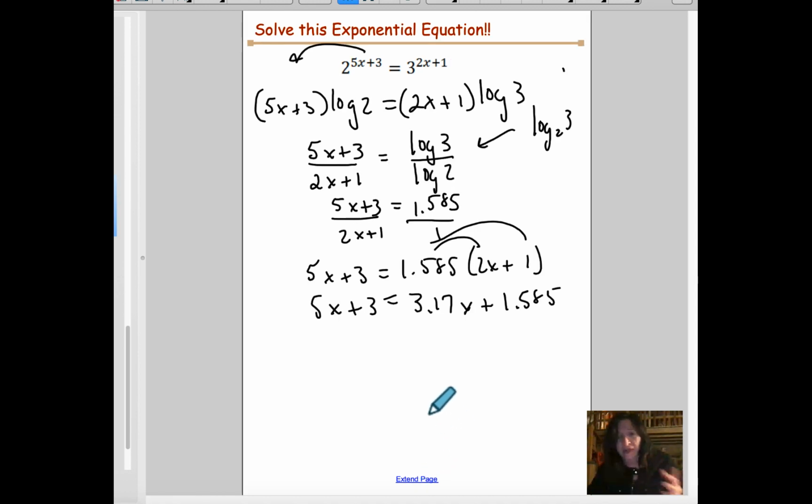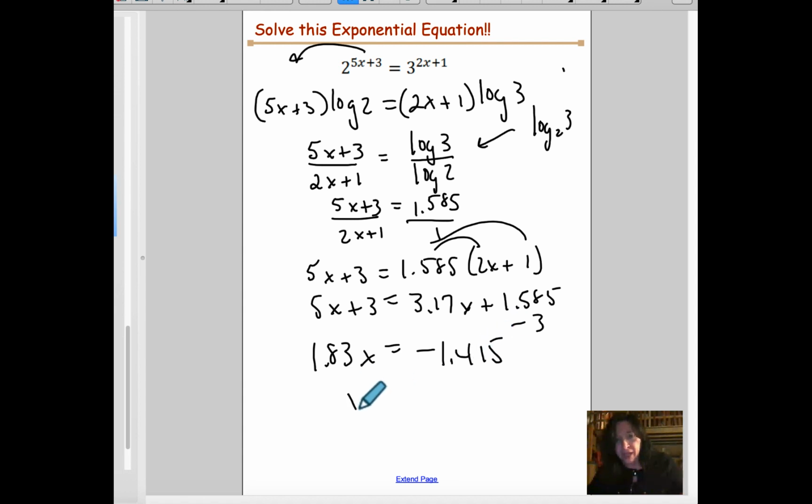So I need to get my x's on the same side. So 5 subtract 3.17, and that equals 1.83. We moved that over there. So 1.83x equals, now I'm going to subtract 3 from this. So we get 1.585 subtract 3 is negative 1.415.